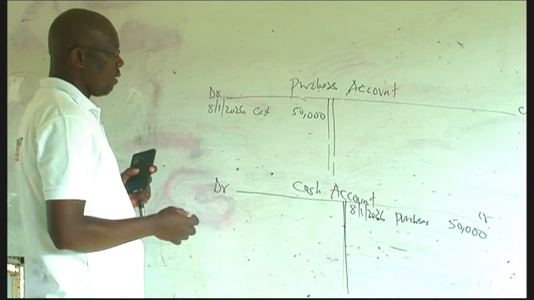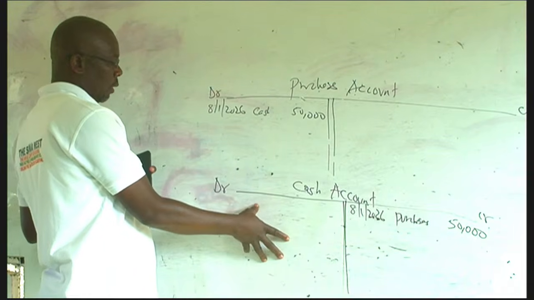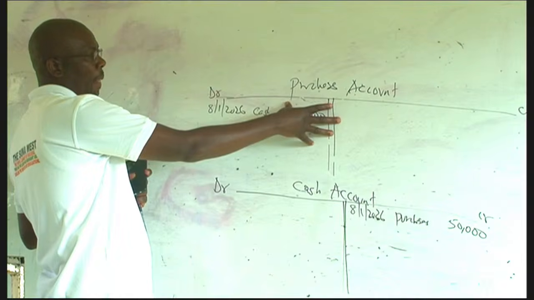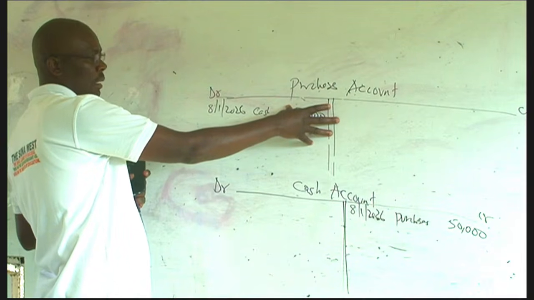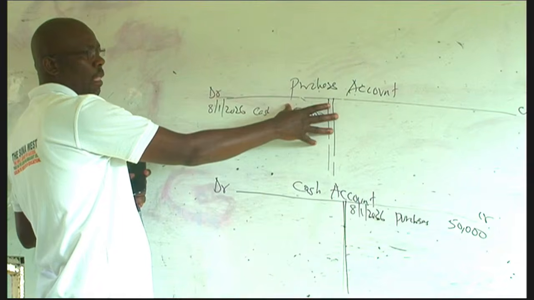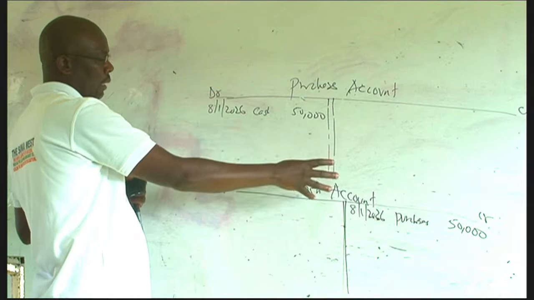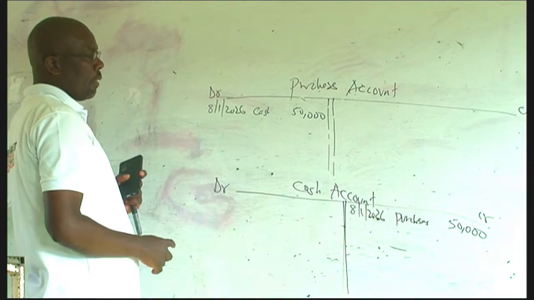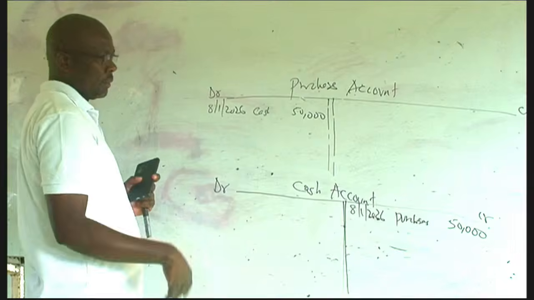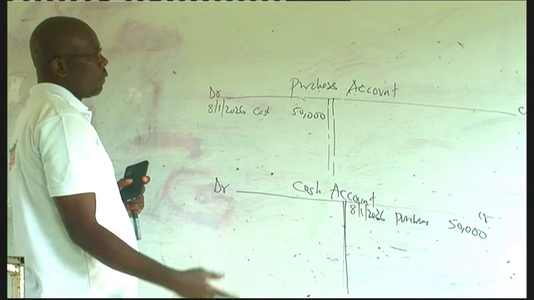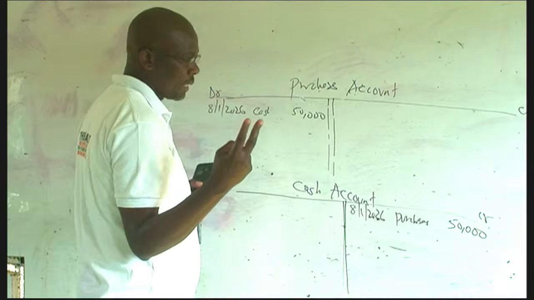But remember, we have brought in the cash because we were explaining how we are going to record purchases. So we said purchases can be in cash, or they can be on credit. Now, if purchases are made on credit, then still we have two accounts affected.